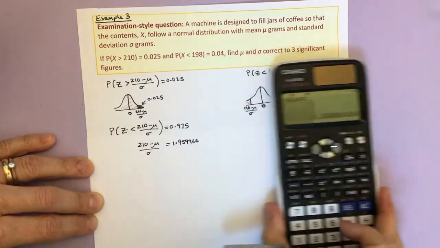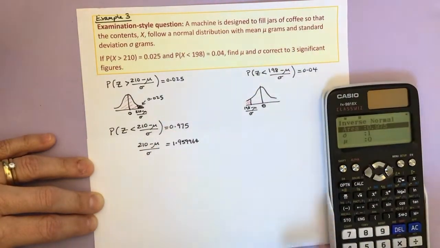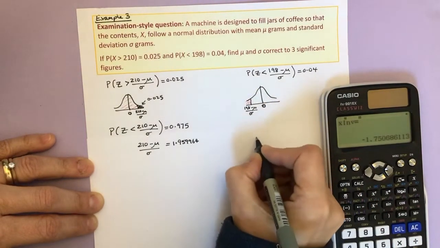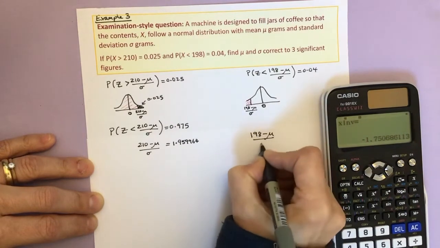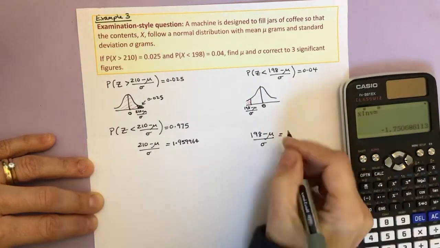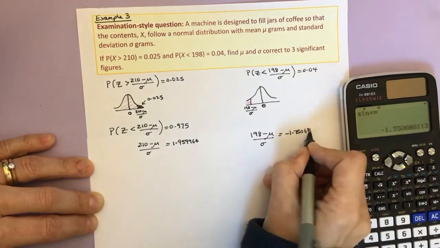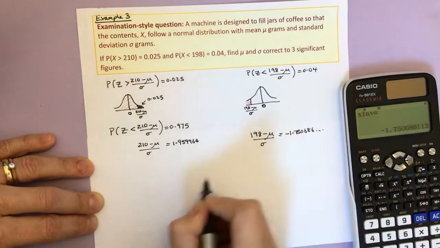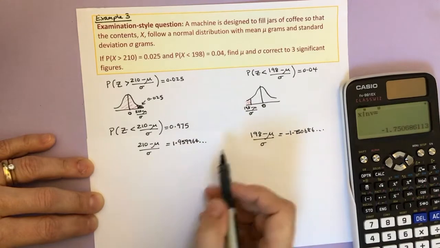And over this side, our area is only our 4%, so 0.04. I'm expecting a negative value. Yep, that seems okay. So here, 198 minus mu over sigma is minus 1.750686, etc.